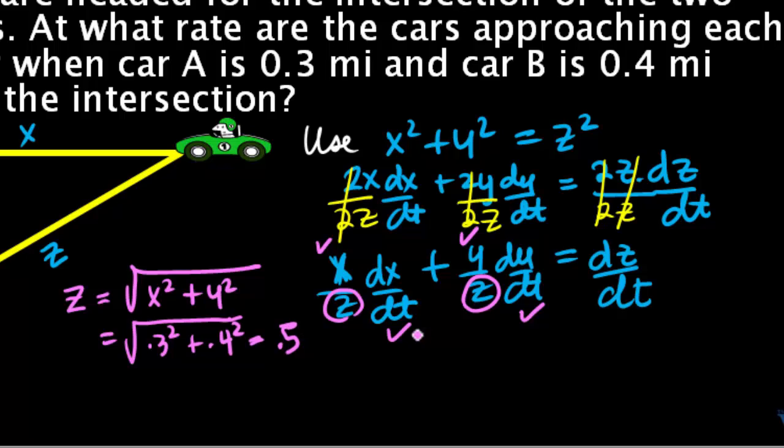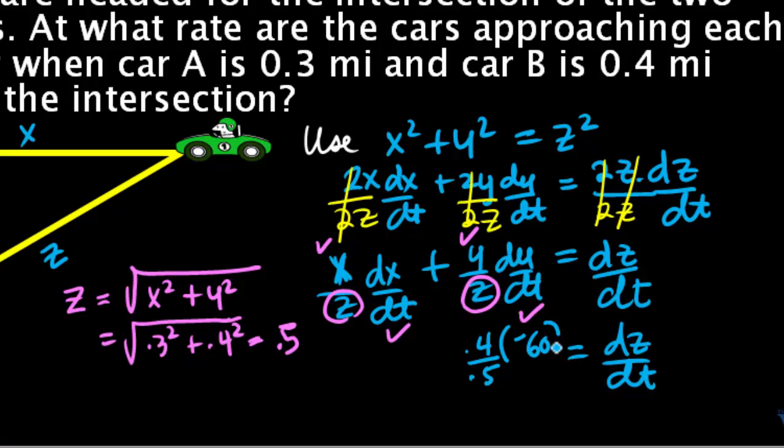So now we've got all the information, so it's time to plug in everything. dz by dt is equal to 0.4 over 0.5 times negative 60 miles per hour, plus 0.3 over 0.5 times negative 50 miles per hour.